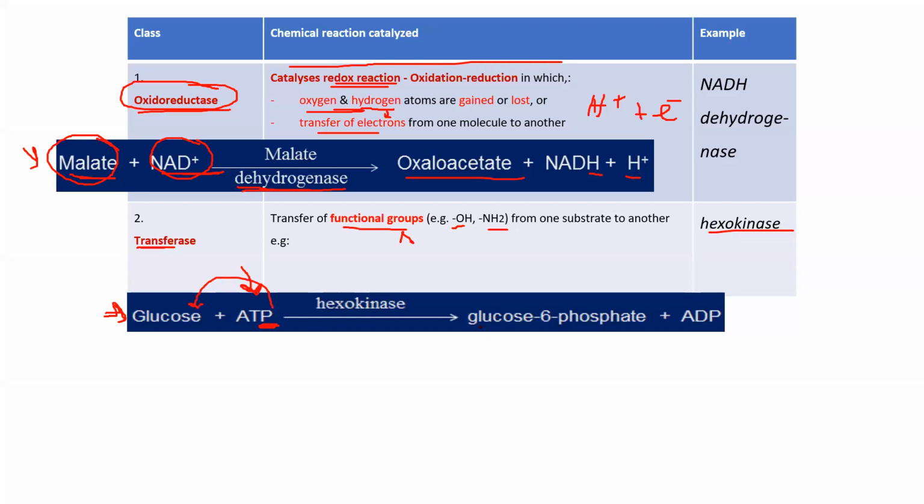So glucose will become glucose 6-phosphate because the phosphate is attached to carbon number 6 of the glucose molecule. Because one phosphate is removed from ATP, ATP will become ADP. Adenosine triphosphate becomes adenosine diphosphate sebab satu dah bagi dekat glucose. So that is transferase, involved in the transfer of functional group.